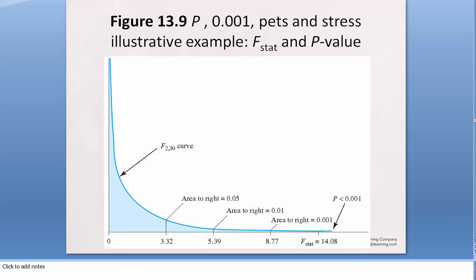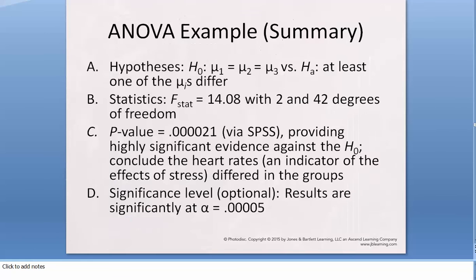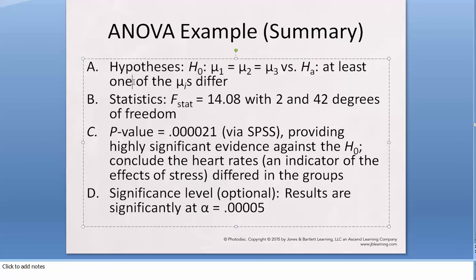Okay, all right then. So now here's the summary of the ANOVA that we did. We had our null hypothesis to be that all means are the same. There were 3 of them. HA was that at least one pair of the means differ, right?